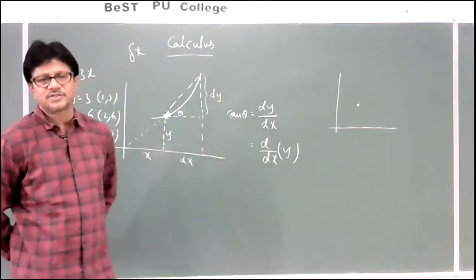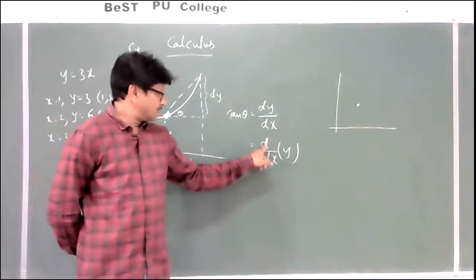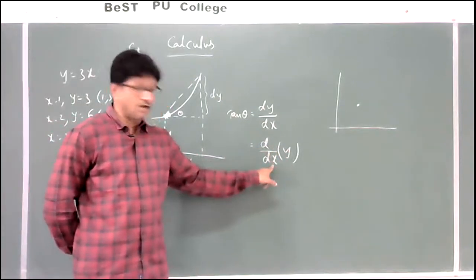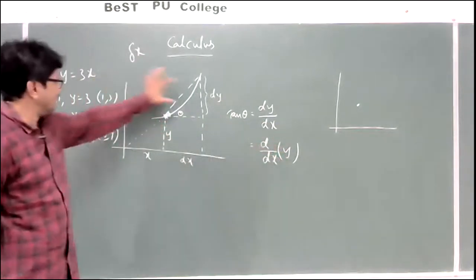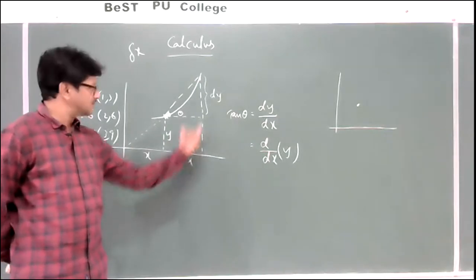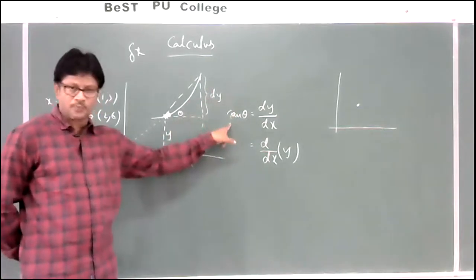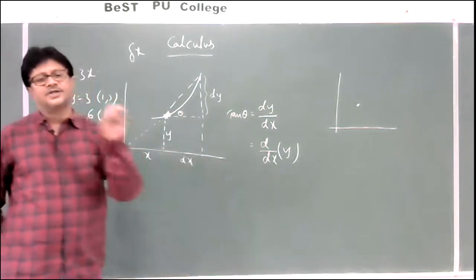What does it mean? Y value is a function of x. How much the y value is changing as the x value changes, because that ratio itself will give the slope. So that is called differential calculus.